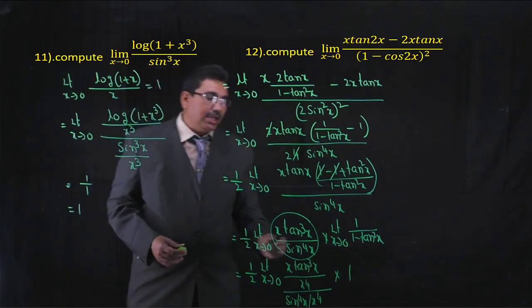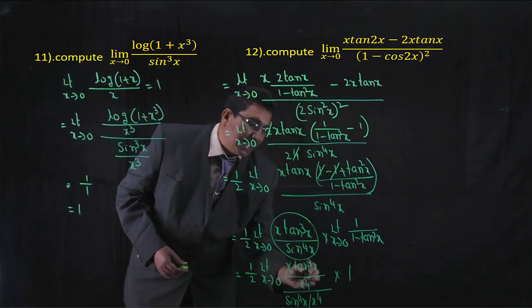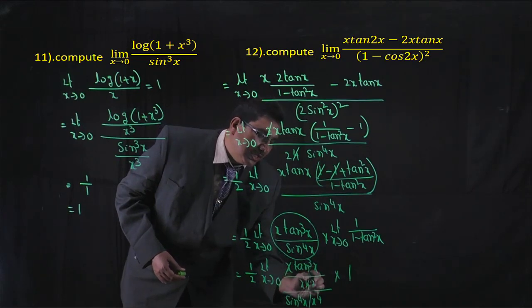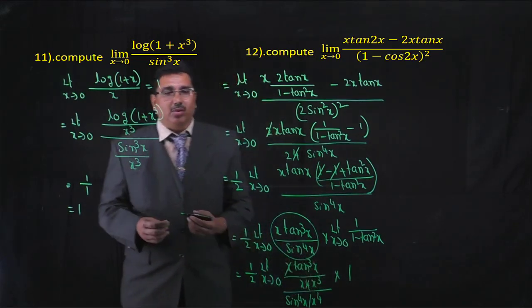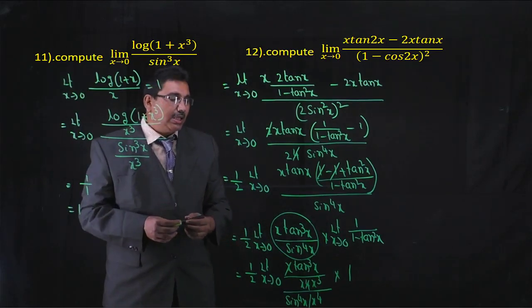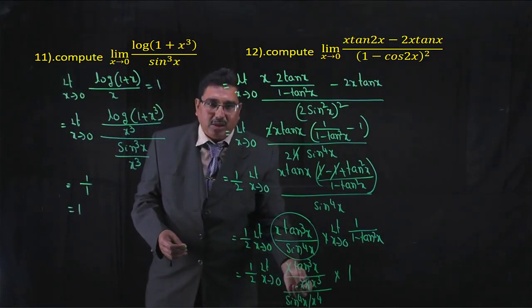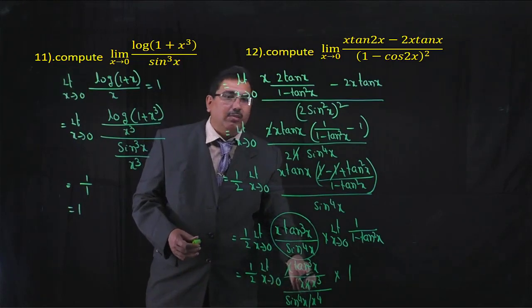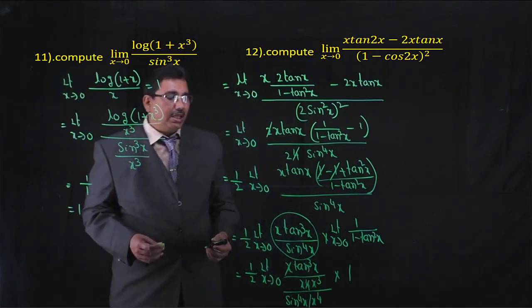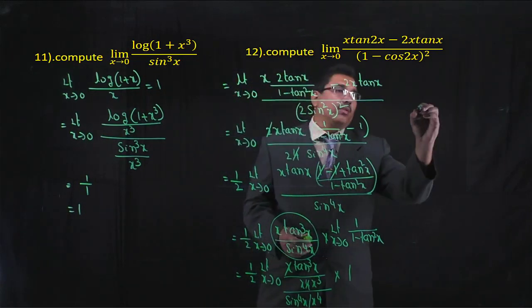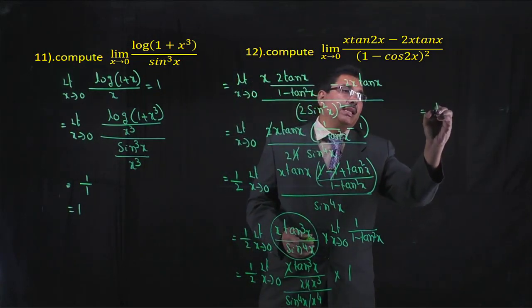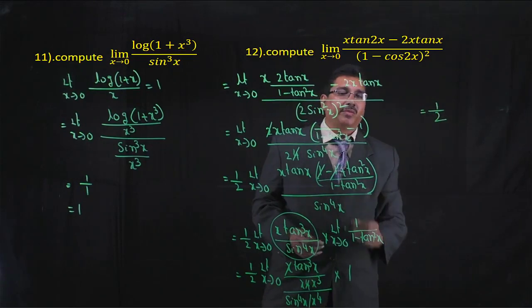Here x gets cancelled. Now this is x cube, tan cube x by x cube is equal to 1. Similarly, sin x whole power 4 divided by x power 4 is also equal to 1, so the required limit value is equal to 1 by 2.